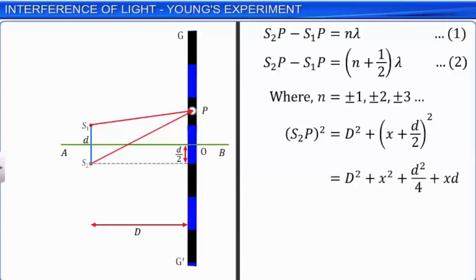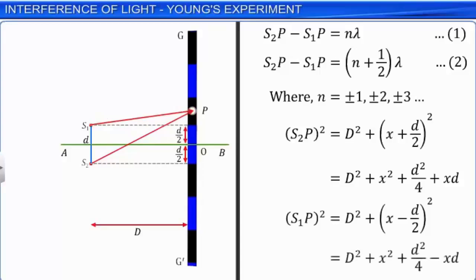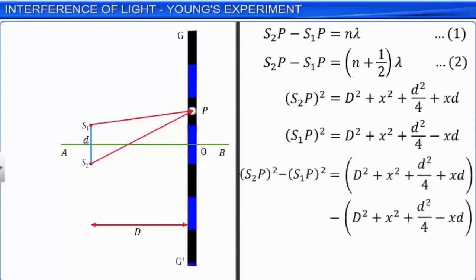Similarly, S1P² is equal to D² + (x − d/2)². This is equal to D² + x² + d²/4 − xd. Therefore, S2P² − S1P² is equal to 2xd.